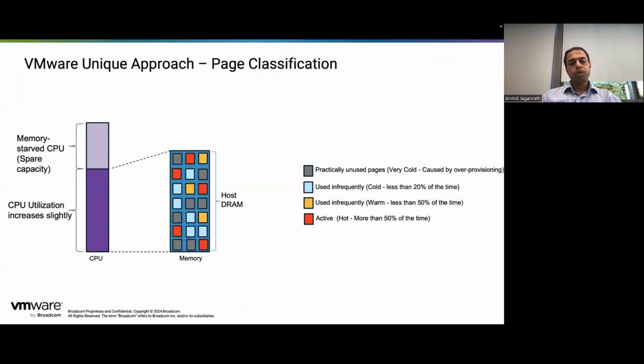They have come up with a unique capability where they are able to classify pages of memory. So when we look at a typical system today, which is capable of doing memory tiering for ESX, you could literally think about it as being classified into unused pages or cold pages, which are used infrequently, warm pages, which might be used infrequently as well, and then active pages, which are heavily used.